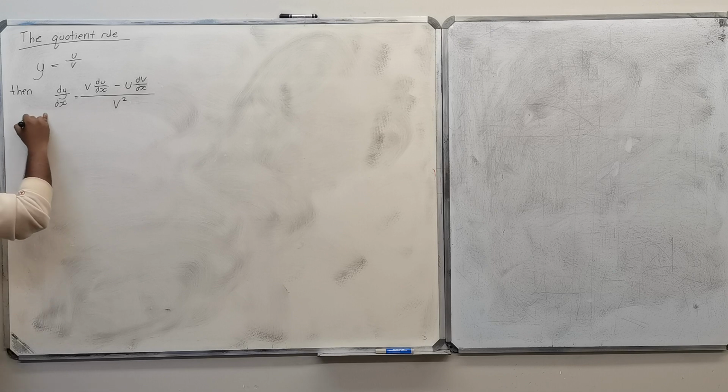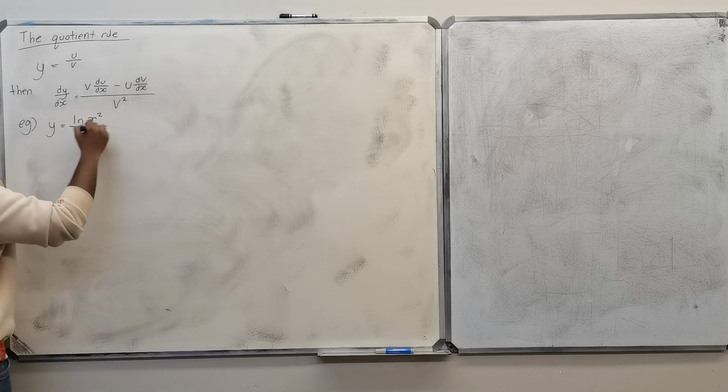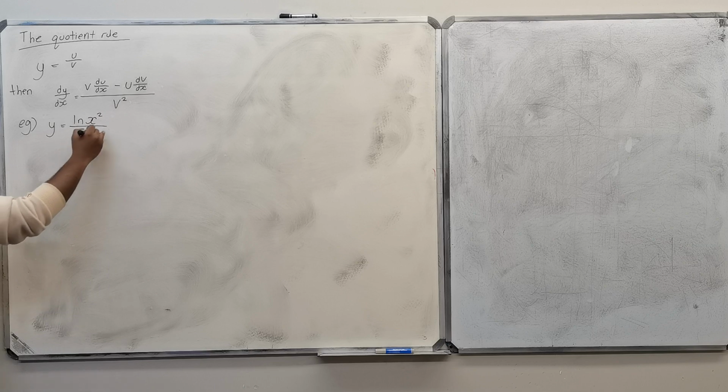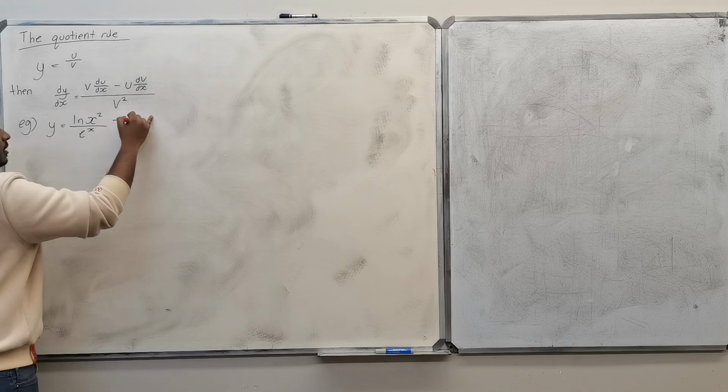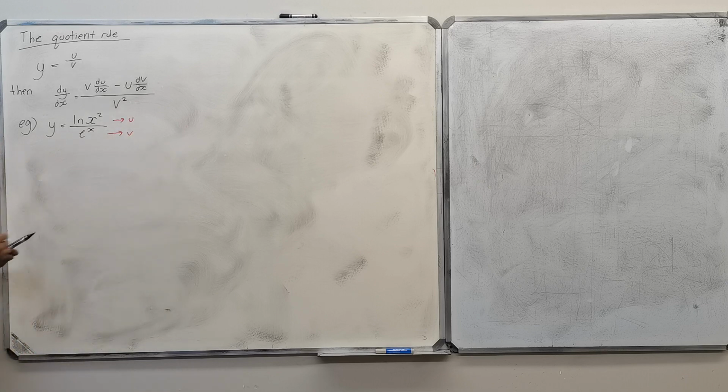So this is y is equal to ln of x squared all over e to the x. Okay? Now we're going to use the quotient rule. So this is u, that is v.